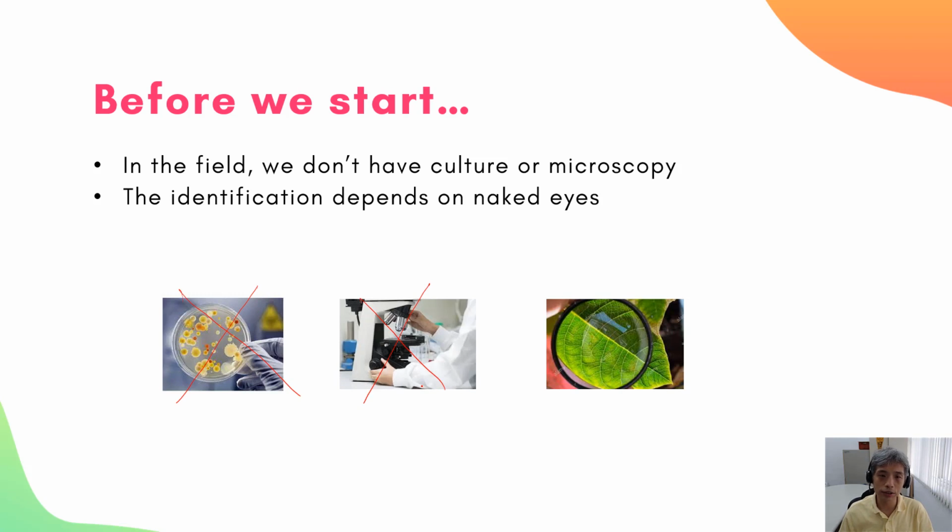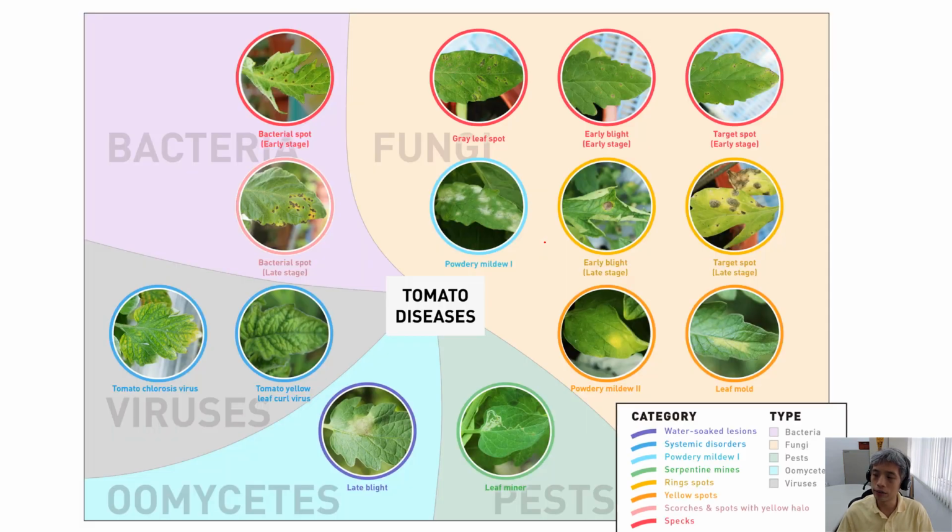The identification of the disease mainly depends on the naked eye. So if we want to use AI to identify the disease, we have to remember this. Here are the disease images that we collected in the field. Totally, we have 11 diseases and pests.